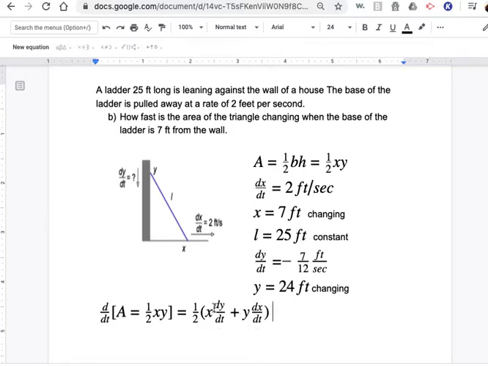We know x is 7 feet. We know dy/dt is negative 7/12 feet per second. We know that y is 24 feet. We know that dx/dt is 2 feet per second. So we're going to be able now to plug all of those values in. Again, we've got a 1/2 multiplier out in front.